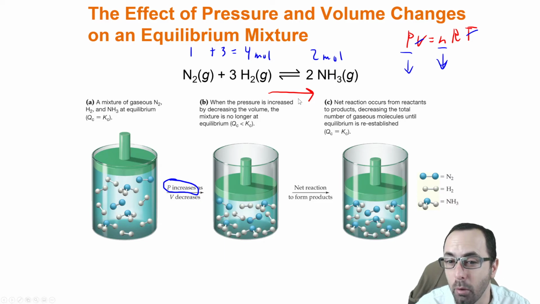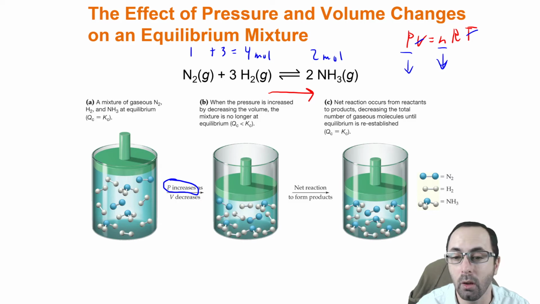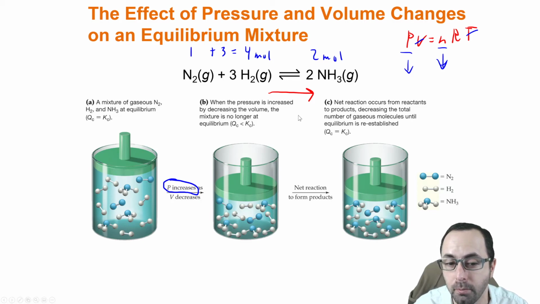If you increase the pressure, the reaction will go in the direction that will produce fewer moles of gas, thus decreasing the pressure. If you decrease the pressure, the reaction will shift in the direction that will produce more moles of gas, thus returning it to a larger pressure.